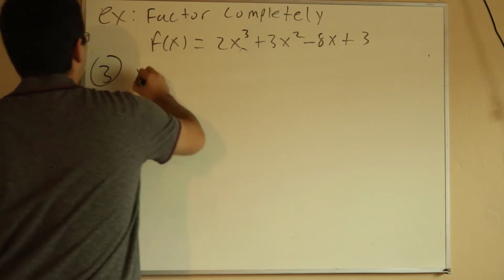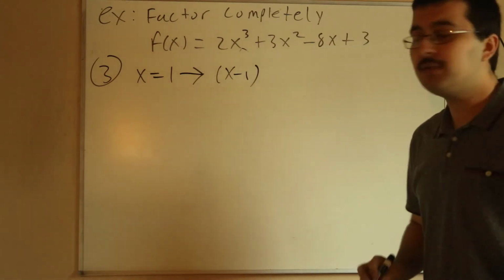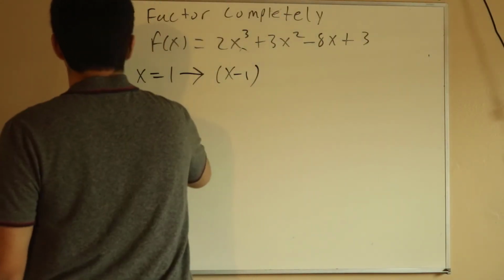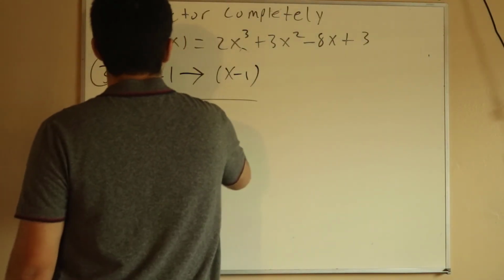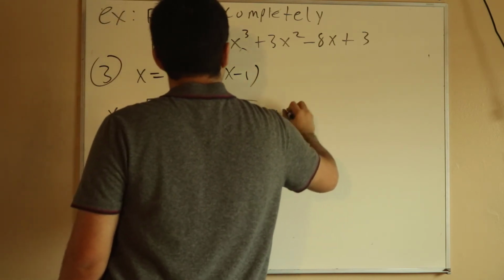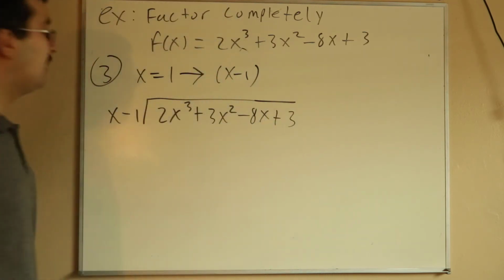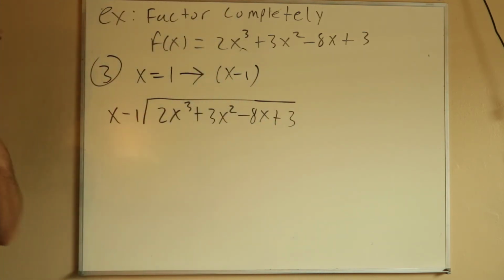So we had x equals 1 was a zero. That means x minus 1 is a factor. So using that, we're going to have 2x cubed plus 3x squared minus 8x plus 3. Let's go ahead and walk through this long division.